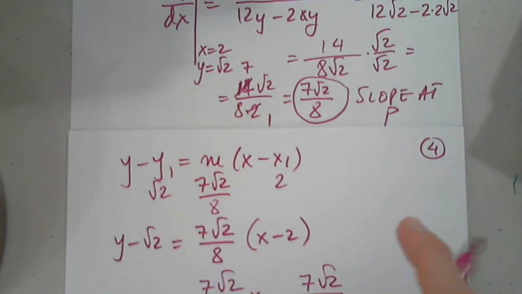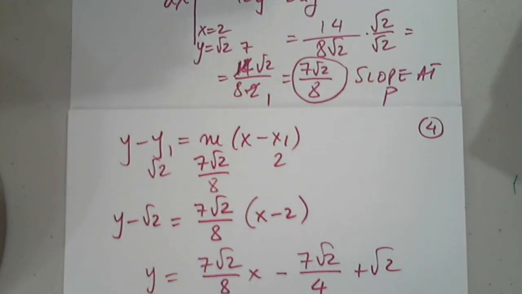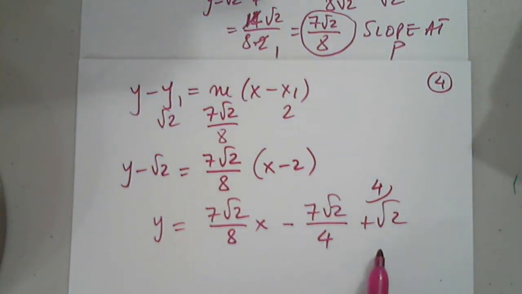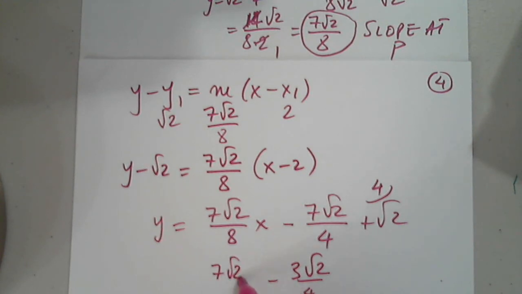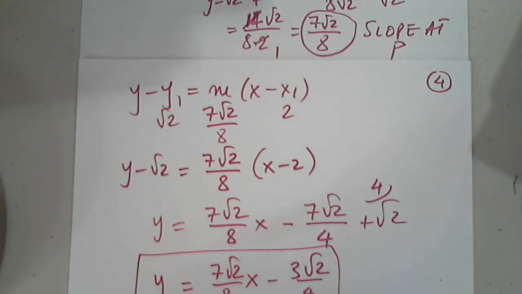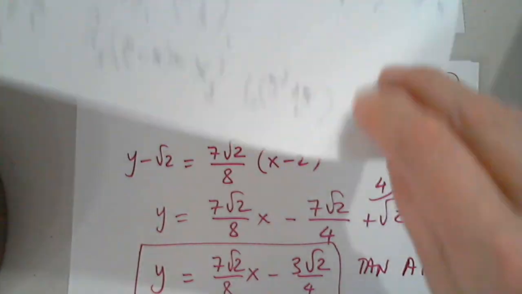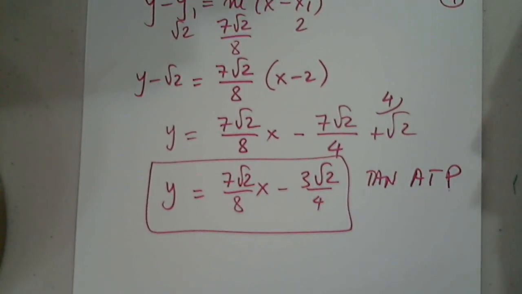But then I have to add the square root of 2. So I multiply the top here by 4: 4 square root of 2 minus 7 square root of 2 is negative 3 square root of 2. Negative 3 square root of 2 over 4, so y equals 7 square root of 2 over 8 x minus 3 square root of 2 over 4, the tangent at P. Very good problem, thank you.